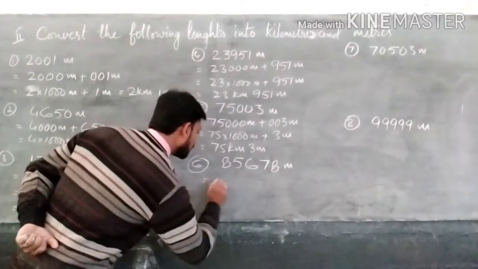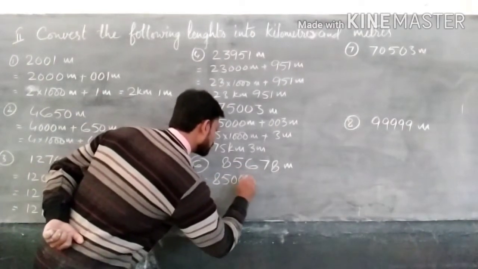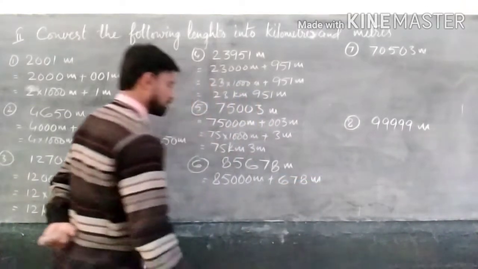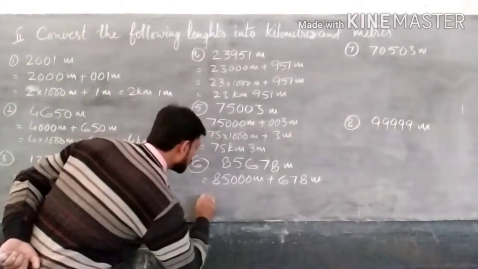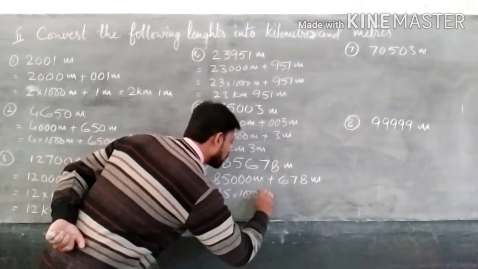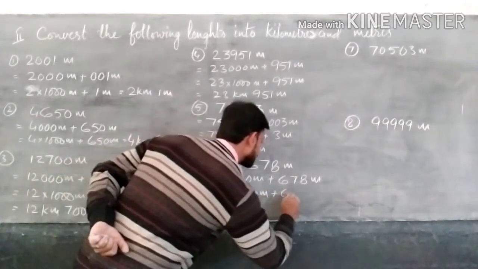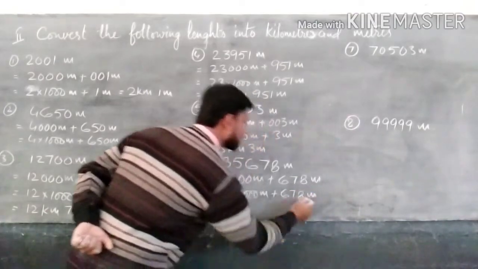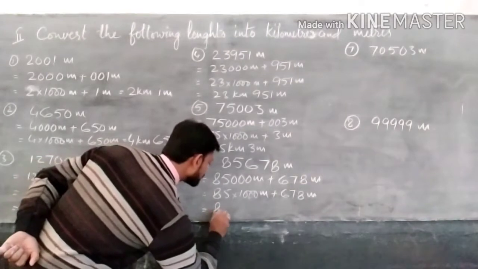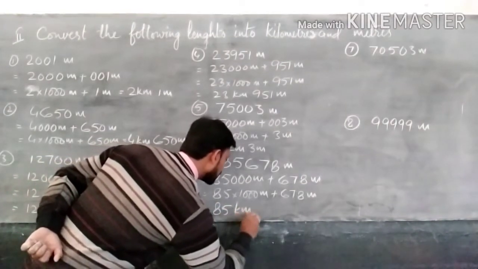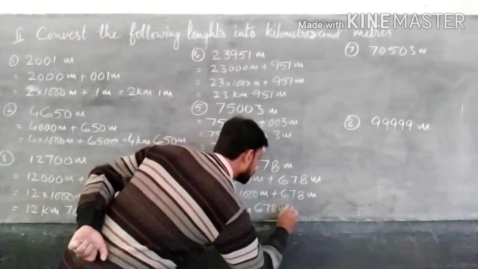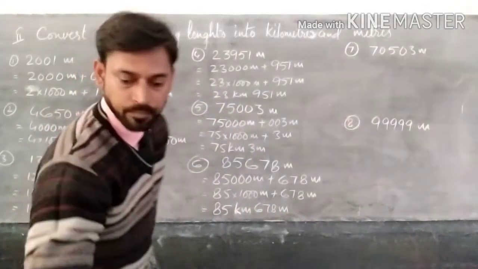Divide from here. 85000 meters plus 678 meters. This can be written as 85 multiplied by 1000 meters plus 678 meters. So the answer is 85 kilometers and 678 meters. Is that clear?